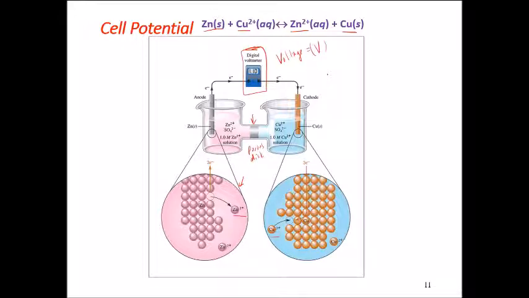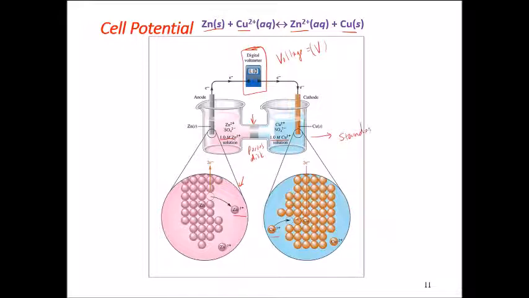Another thing that you should notice while you're looking here is this is an electrochemical or galvanic cell at standard conditions. They're going to have 1 molar solutions to be at standard conditions.